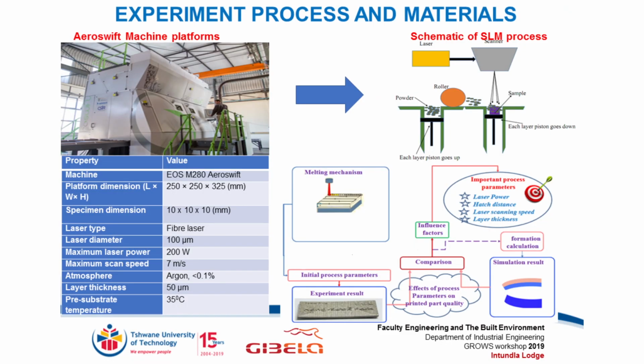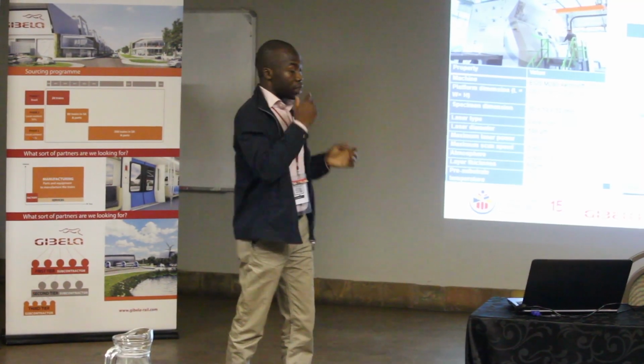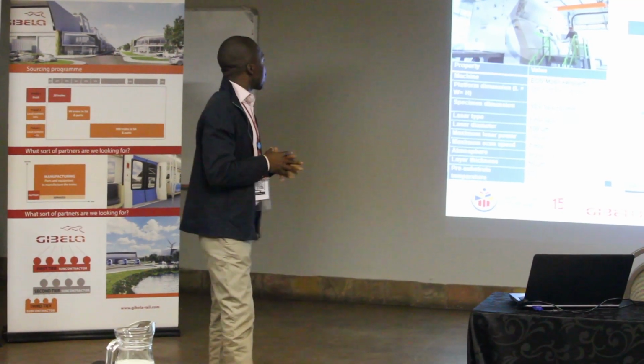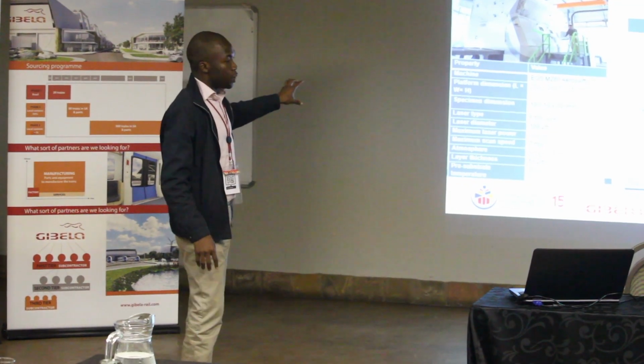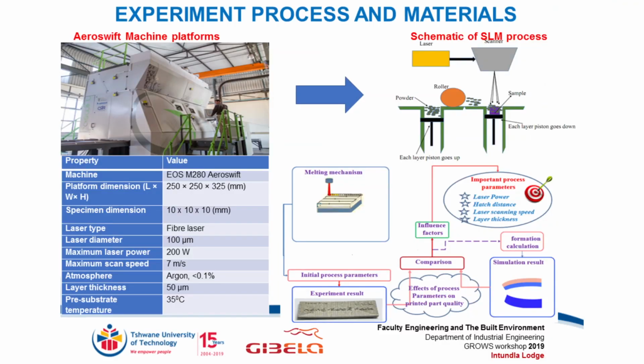This study was carried out in collaboration with the Council for Scientific and Industrial Research, which is called CSIR. I used their production system with these parameters, which were deduced from the literature review, to carry out the production of the component.